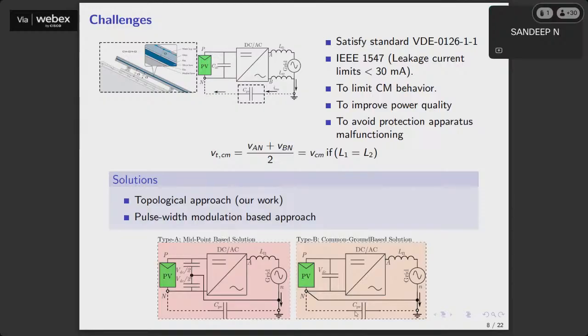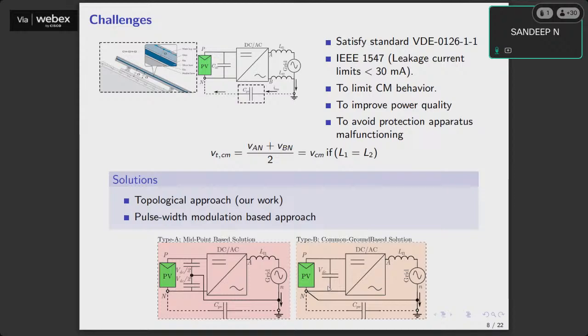So we have a short circuit appearing across the parasitic capacitance, and this is going to completely eliminate the effect of parasitic capacitance. Whereas in the midpoint case, the parasitic capacitance is there, but the leakage current is reduced. In this case, it is eliminated. So we'll see both of these, how we have tackled this issue.